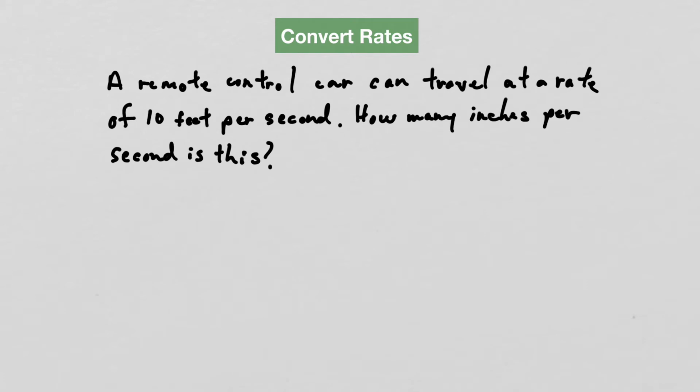A remote control car can travel at a rate of 10 feet per second. How many inches per second is this? Okay? So we read that at a medium speed. We're going to read this a little slower. A remote control car can travel at a rate of 10 feet per second.